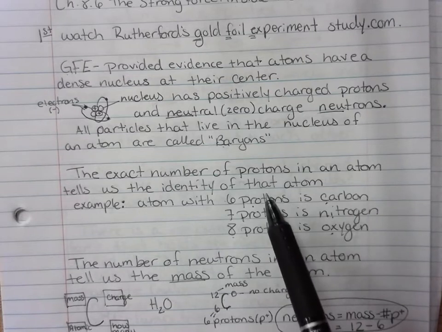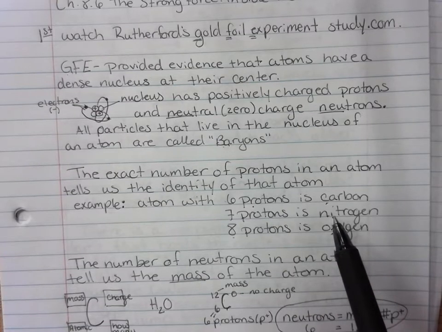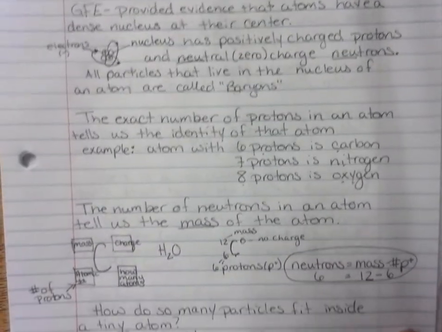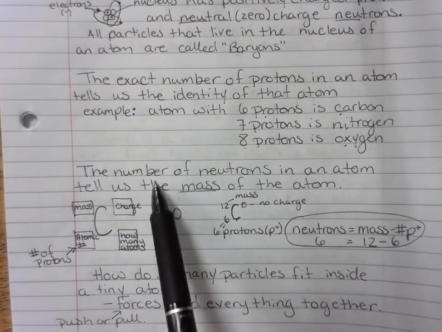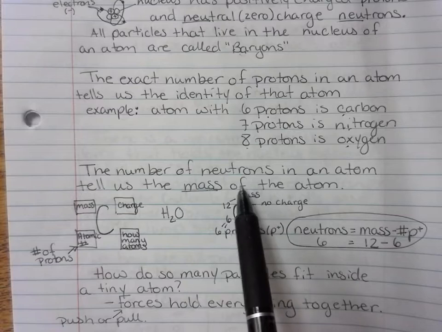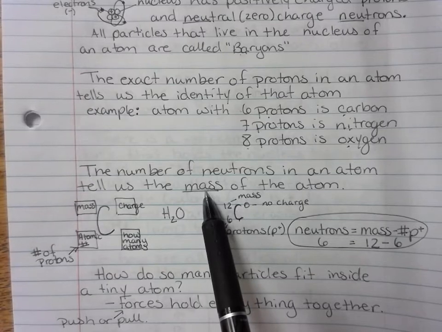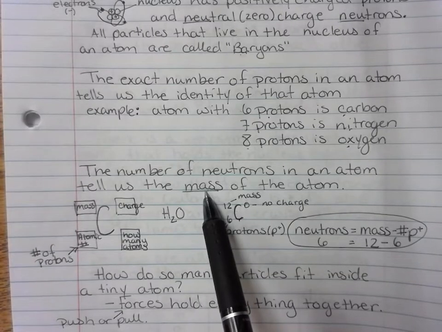Once we no longer have 6, once we've added one more, we have 7 protons, now it's nitrogen. But the number of neutrons in an atom tells us the mass, not necessarily anything about the atom's identity. Neutrons only tell us the mass, or how much material the atom is made of.